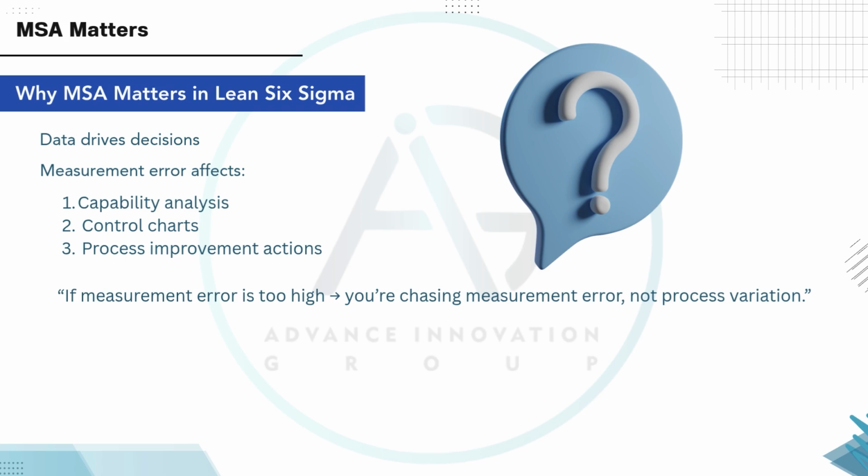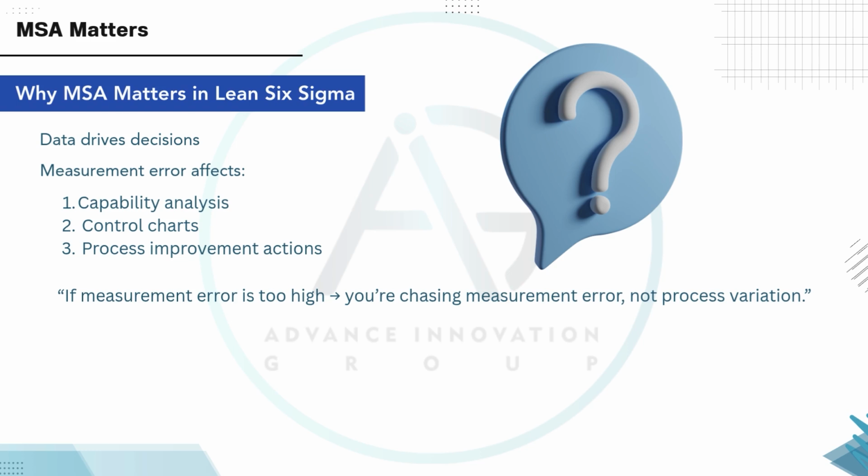2. Control charts. These are only useful if the data plotted is reliable. Otherwise, you may see false alarms or miss actual issues. 3. Process improvement actions. If we misinterpret the data, we might address the wrong root cause or implement changes that don't actually help the process. There's a great quote on this slide.